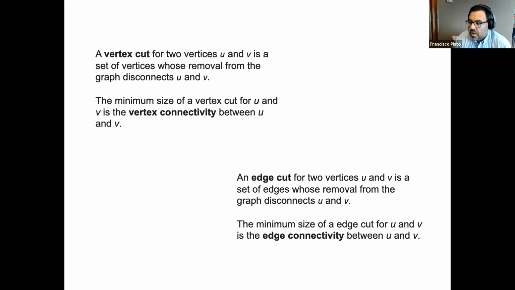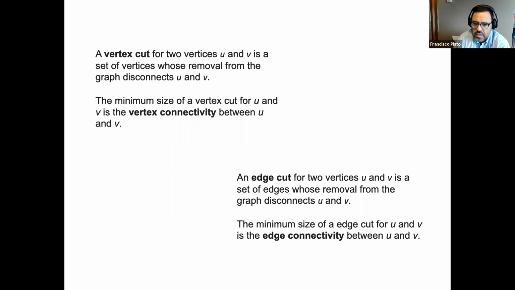And the minimum cuts are the minimum sets of vertices, and when I say vertex, it is equivalent to node, or edges that you take out to separate the network into two components. You can apply this specifically to two nodes.